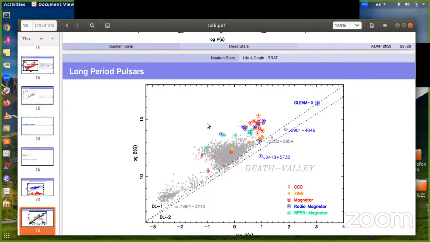Because the result of this particular paper, Abhishek and company, is extremely counterintuitive. These 200 objects all have a dispersion measure, and the dispersion measure is saying that RRATs are closer to us, not farther away.